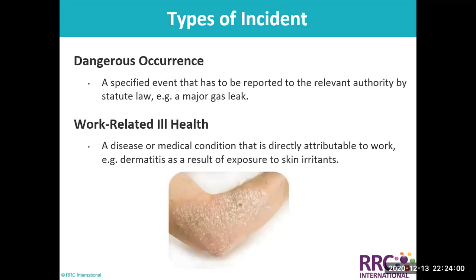Types of incident: dangerous occurrence, a specific event that has to be reported to the relevant authority and is statutory by law, like a major gas leak. Work-related ill health, a disease or medical condition that is directly attributed to work, e.g., dermatitis as a result of exposure to skin irritants. Okay.